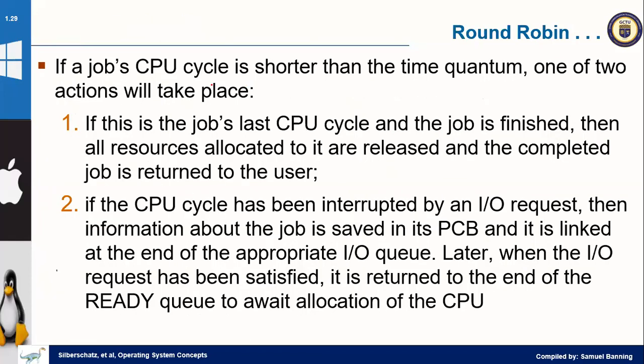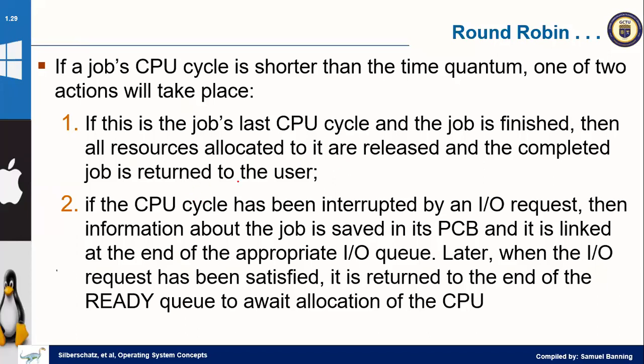If a job's CPU cycle is shorter than the time quantum, assuming a job is going to be executed in less than 1 second, assuming the time quantum is 1 second, then one of these two actions will be taken. If it is the last CPU cycle of the job and the job is finished, then all resources that are allocated to the job are released and the job is returned to the user, meaning it is done with.